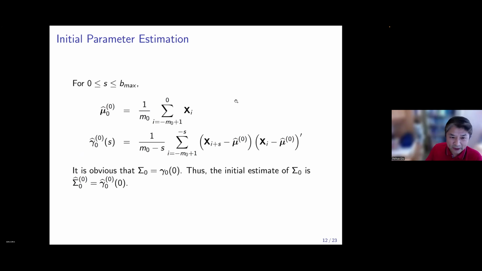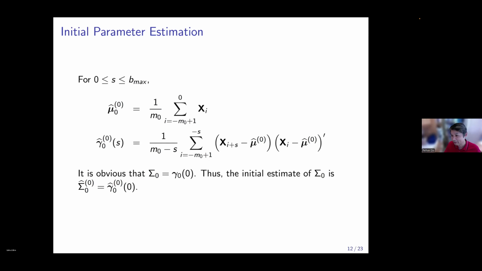From the initial in-control data, we estimate those in-control parameters using moment estimation, because we don't want to put any parametric distribution assumptions. We don't assume the distribution. Otherwise, we could use MLE. But here we use moment estimation for mu 0, the gammas, and sigma.